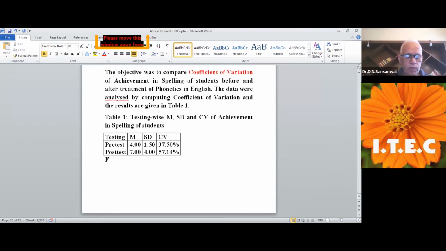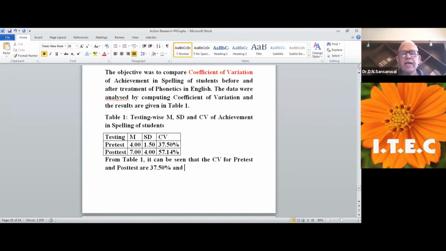So we say, from table 1, it can be seen that the coefficient of variation for pre-test and post-test are 37.50% and 57.14%.